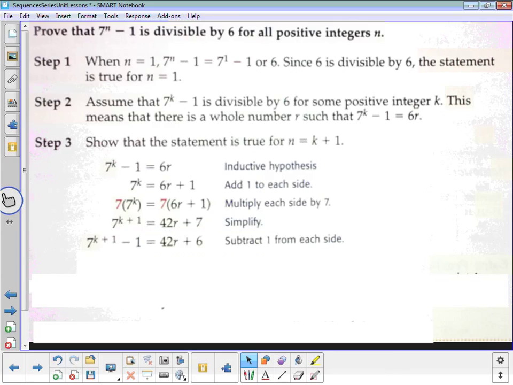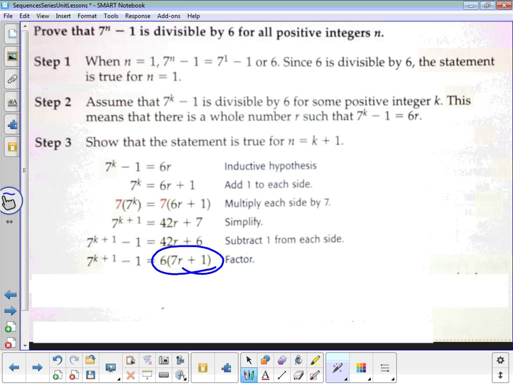From here, what I should be able to do is a nice simple factoring deal. On this right-hand side, I can take a 6 out. If I take a 6 out, I get 7^(k+1) minus 1 equals 6 times this quantity, 7r plus 1. This part says that I have 6 times some quantity.